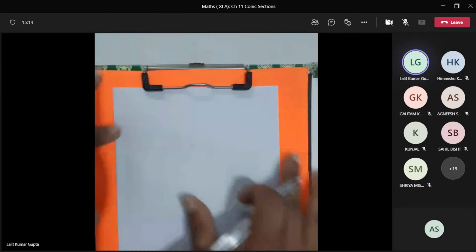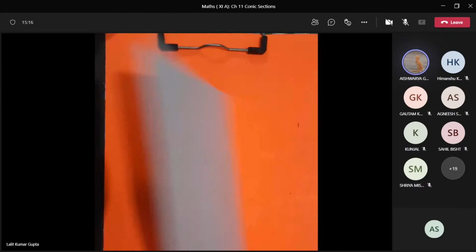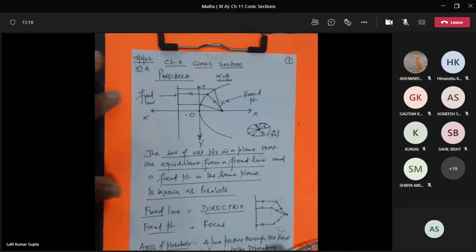Please show the previous page. Okay बेटा, okay.